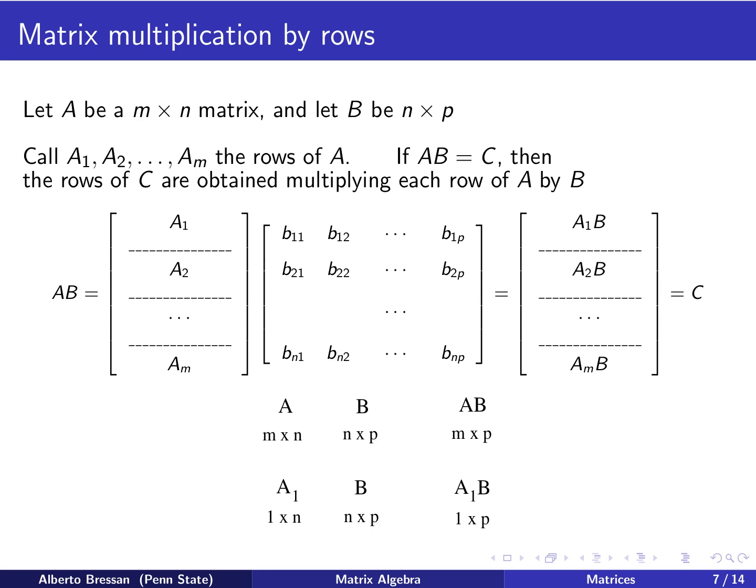Okay, so we have briefly mentioned it earlier, a matrix could be considered a collection of row vectors or column vectors. Let's pick up that idea and take a look at matrix multiplication by rows. So let's set up. A is an M by N matrix, and B is an N by P matrix.